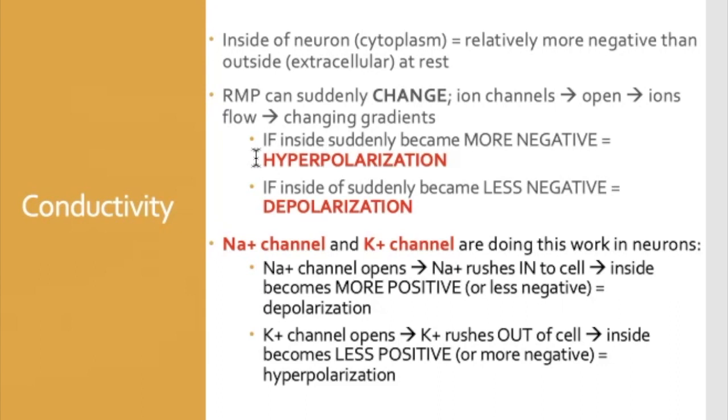When potassium channels open, potassium rushes out of the cell, taking its positive charge with it. That means that membrane potential becomes less positive or more negative. That's hyperpolarization.